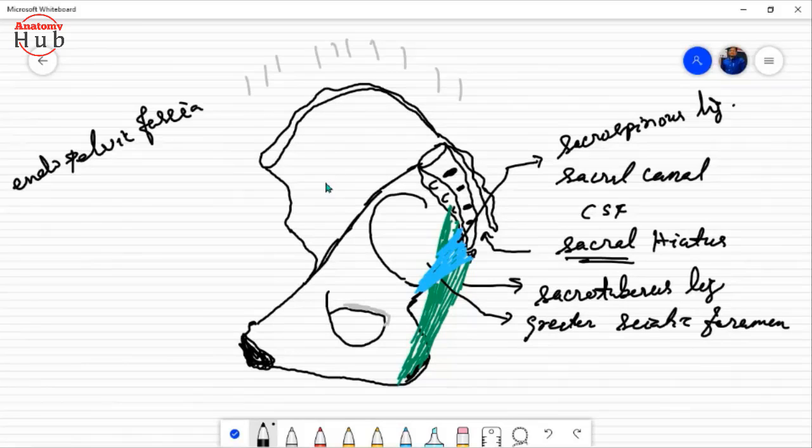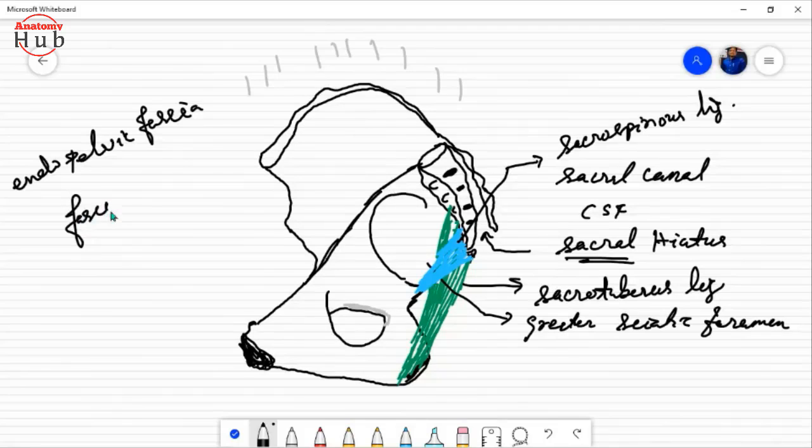At this iliac fossa there is one muscle that takes origin and goes downward towards the lesser trochanter of the femur. That muscle is known as your iliacus muscle. When the endopelvic fascia covers the iliacus muscle, its name changes to the fascia iliaca.